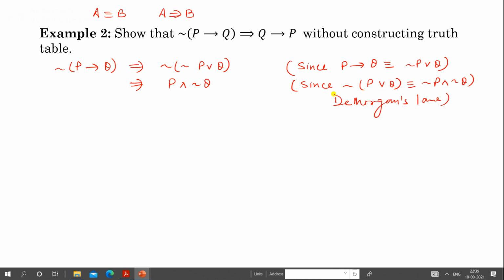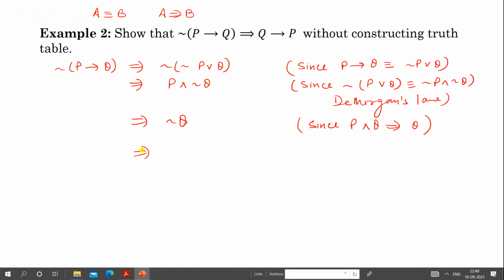You can simply write using De Morgan's law. Now this is equivalent to P and Q. You know, P and Q tautologically implies Q. Here P and negation Q, so you can write it, since P and Q tautologically implies Q, so here if it is negation, then you will write it negation Q.